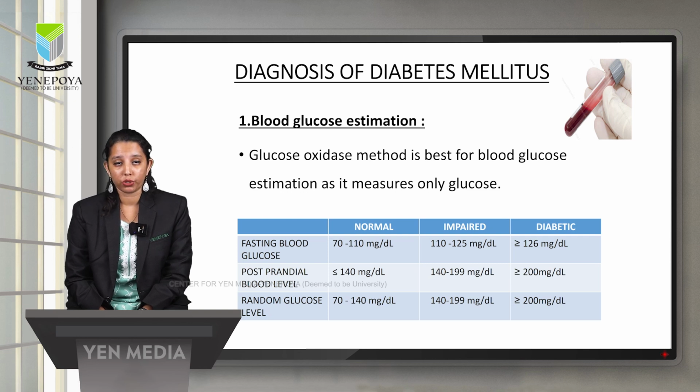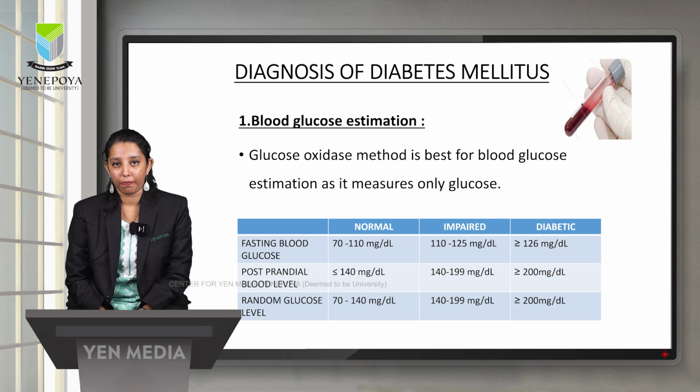In a normal individual, the level should be within 70 to 110 milligram per deciliter, and if it increases above 126 mg per deciliter, the person is said to be diabetic. Those in between, that is 110 to 125, are called impaired glucose tolerant or pre-diabetic.